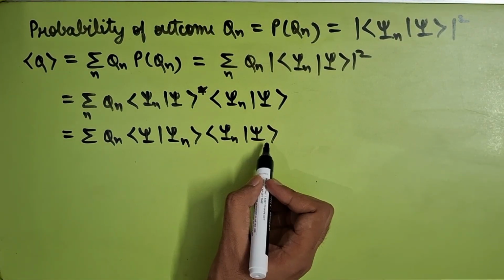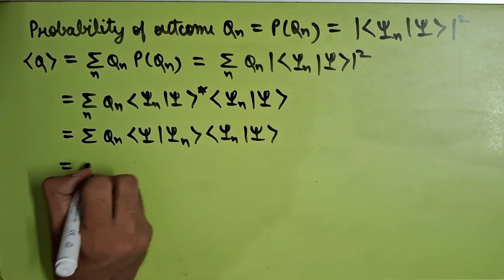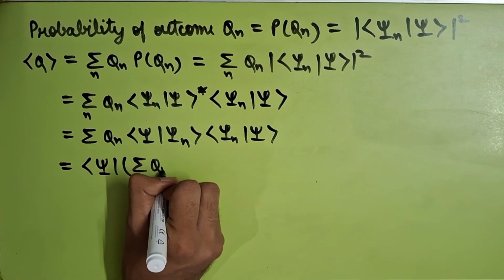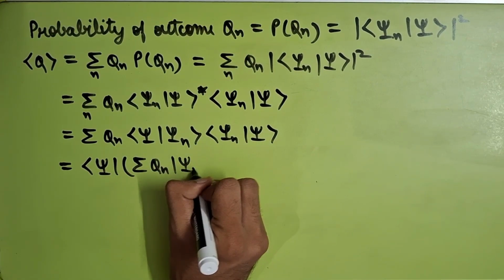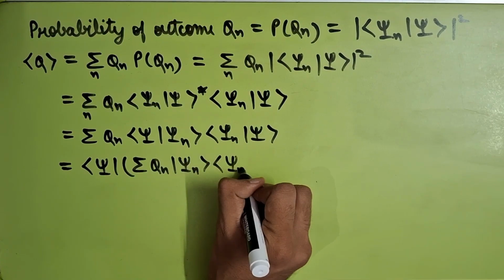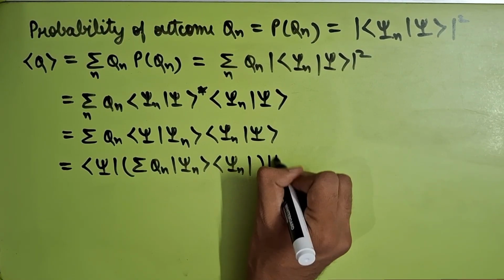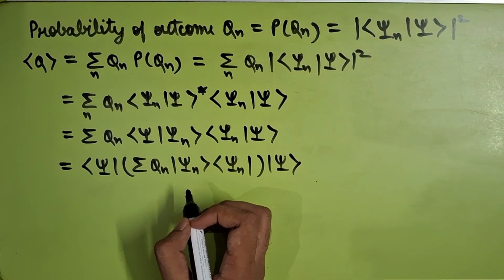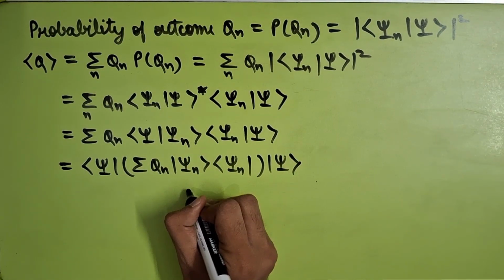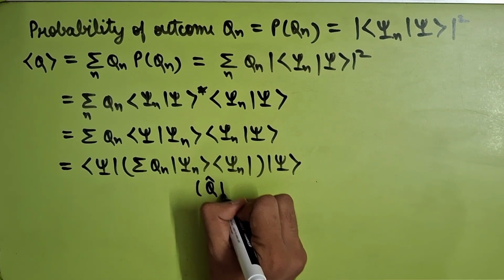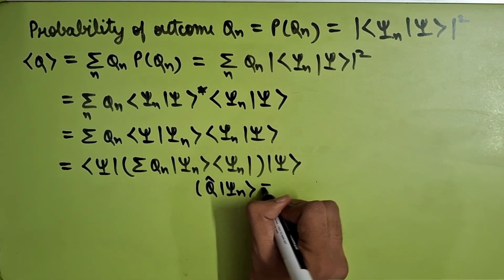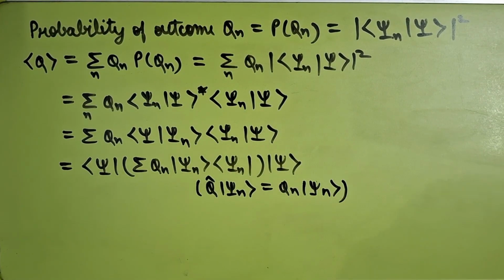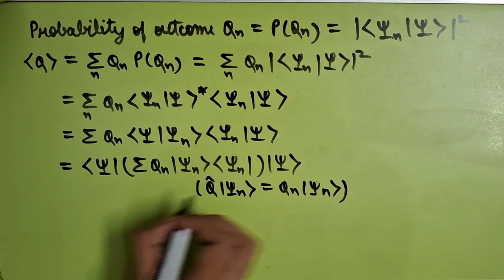Notice that the state vector psi is independent of n, so we can take this out of the summation sign. Now note that psi n is an eigenvector of the operator q, which means that it obeys this equation. Utilizing this equation, we can simplify this too.